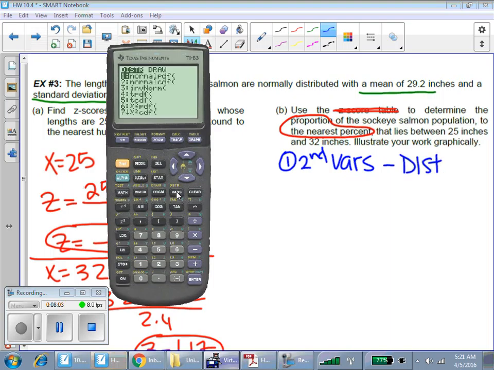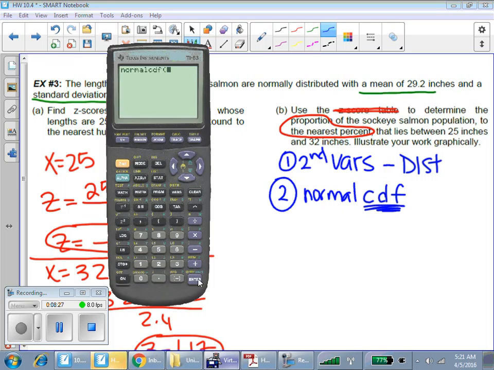Then I'm going to use the second one down, which says normal CDF. We want CDF. We do not want PDF. PDF is like a PDF document, no, we don't want that. Make sure we always use CDF. Okay, we're going to press enter.